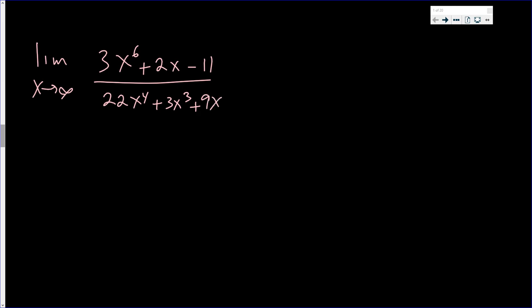Well, the degree is larger in the top, so the answer is going to be infinity plus or minus. When I divide those two numbers, it's positive, so it's going to positive infinity. So let's make sure we get that answer.